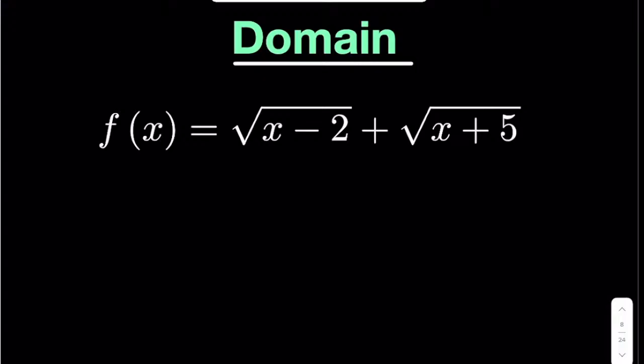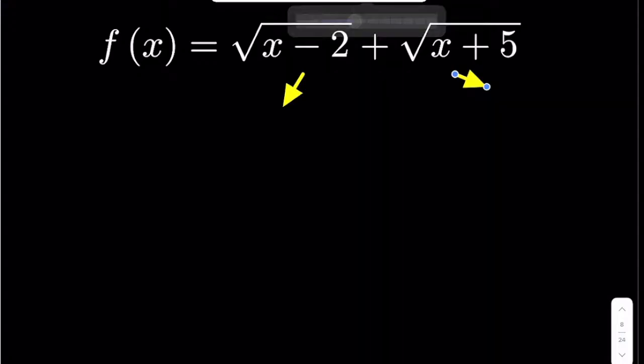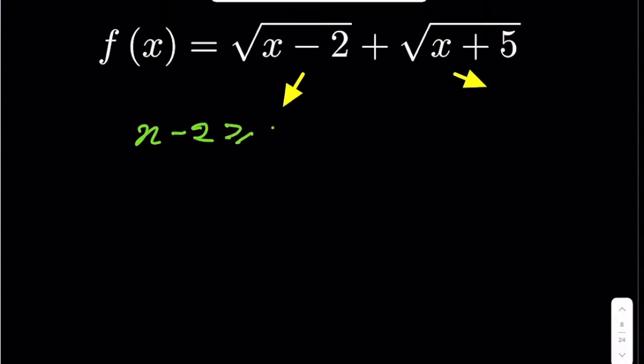Look, how can we do it? First of all, according to the definition of domain, domain means for which value of x the whole function is defined. Means first of all focus on this part, and after that we focus on this part. Clear or not? So simply look, first part: x minus 2 is greater than or equal to 0, then this one is defined, and this one is defined if x plus 5 is greater than or equal to 0.